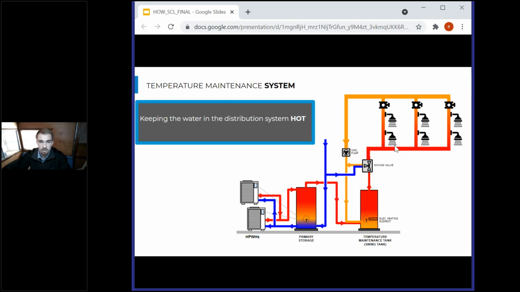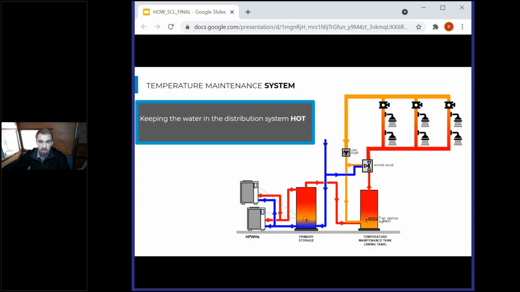So we have a pump in here that constantly circulates to make sure new, fresh, hot water is entering this loop. And the water that comes back is cooler than the supply, but it's not cold. The heat pumps don't love heating warm water up to a hot temperature. They like heating cold water. So we're going to handle that separately.